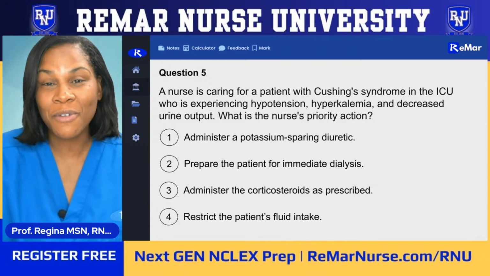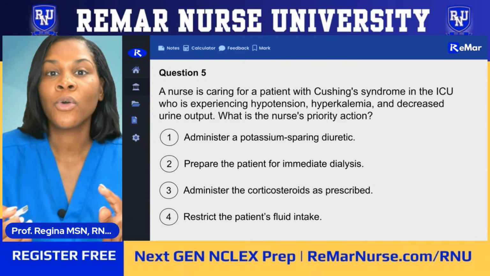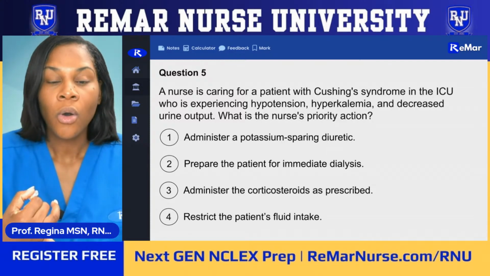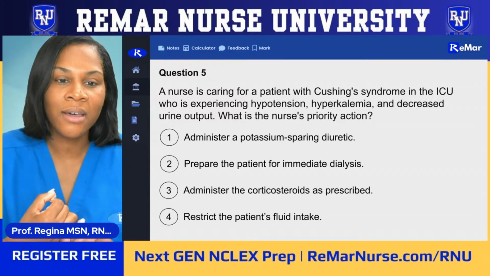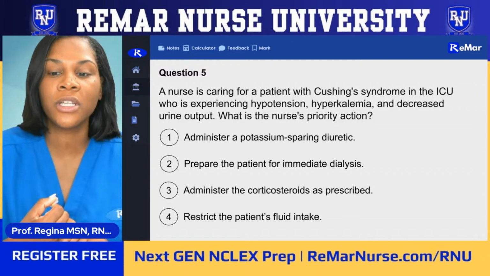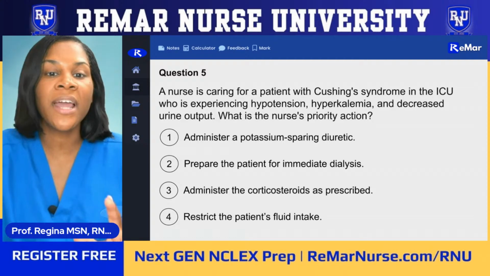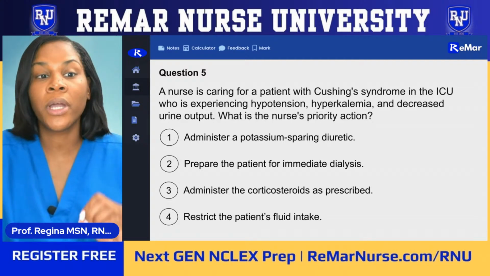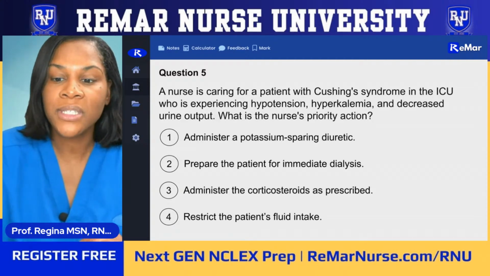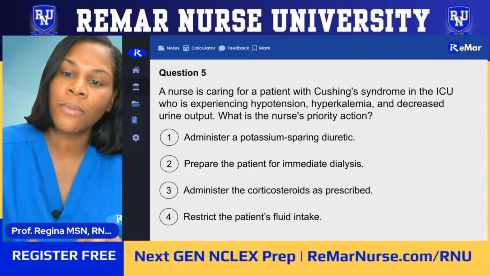The immediate treatment for Cushing syndrome here in this patient would be corticosteroids, or there's one more thing that I could have put on here. What else could have been a treatment for this patient that could have gone with the corticosteroids that would have helped the patient to be more hemodynamically stable? What's the other thing that I could have put on here? Corticosteroids or what?